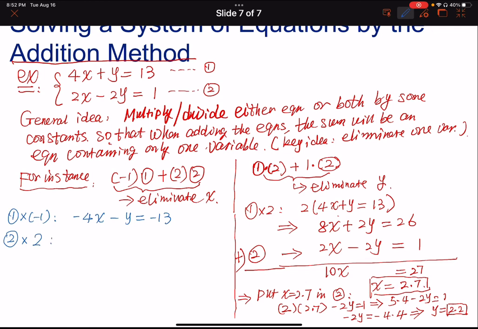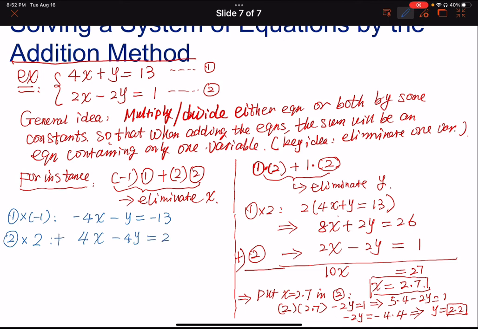Again, the design is that after you multiply a constant to each equation and sum them up, you are able to eliminate one variable. So 2 times 2x is 4x, minus, you multiply every term by 2, minus 4y, because minus 2y times 2 is minus 4y, equals 2.